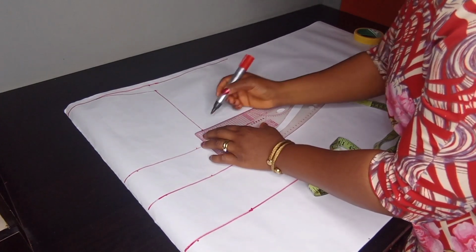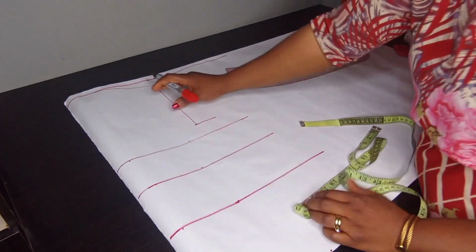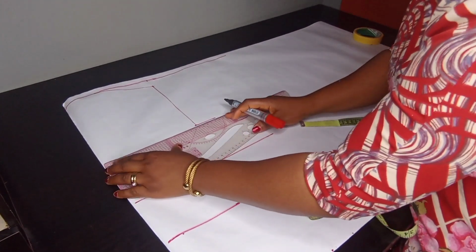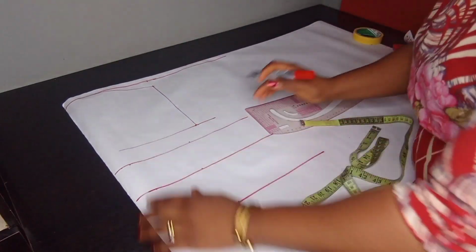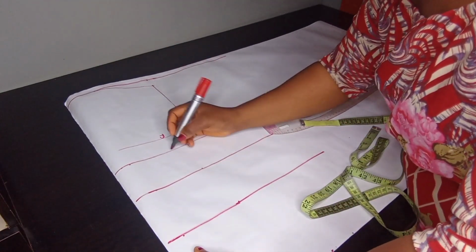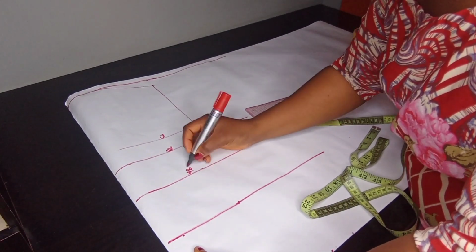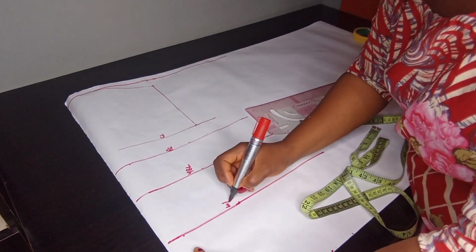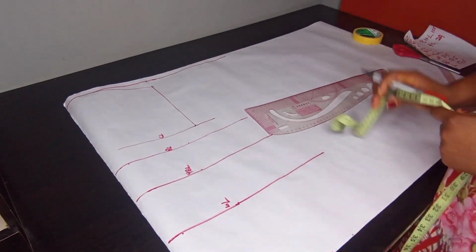So now that I have this, I just bring out this line this way. This is my armhole line, which is also referred to as the chest line. So this is my chest line, CL, bust line, BL, underbust line, UBL, and then waistline, then hip line here at the end. Okay.